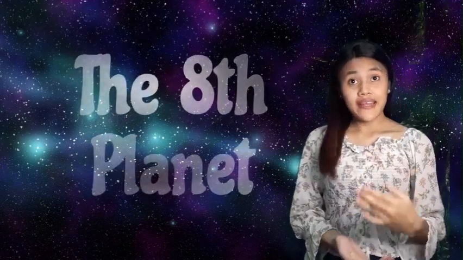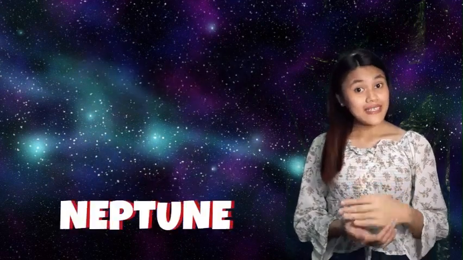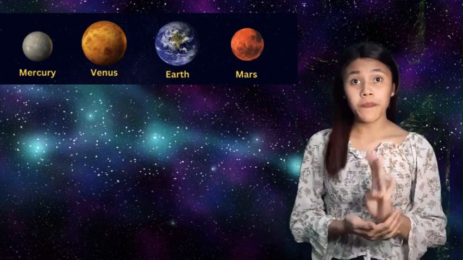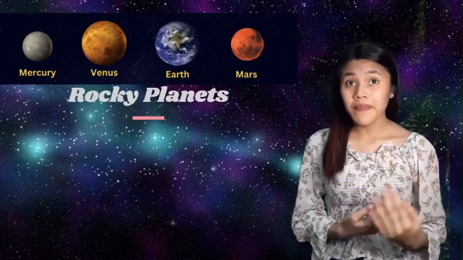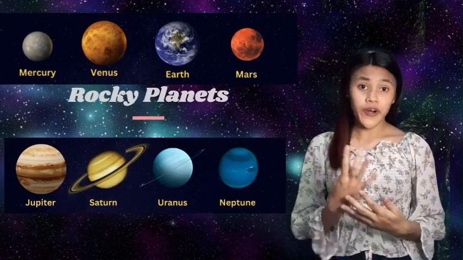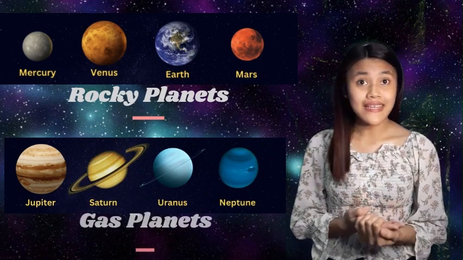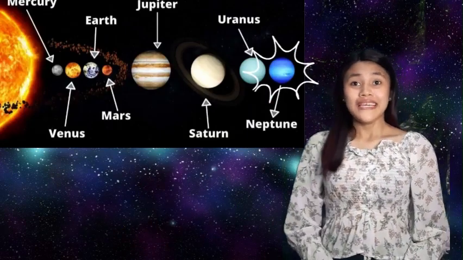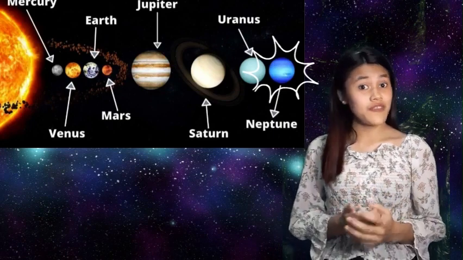Now, the 8th and final planet is Neptune. Hey, that means the first 4 planets are the rocky planets and the final 4 are the gas planets. And Neptune is one of the gas planets. So here is where Neptune is. It is the farthest planet from the Sun.